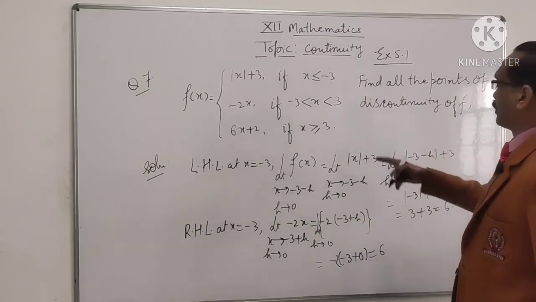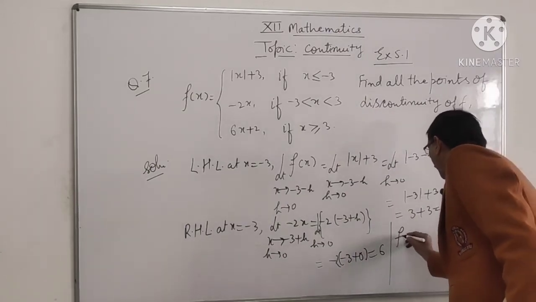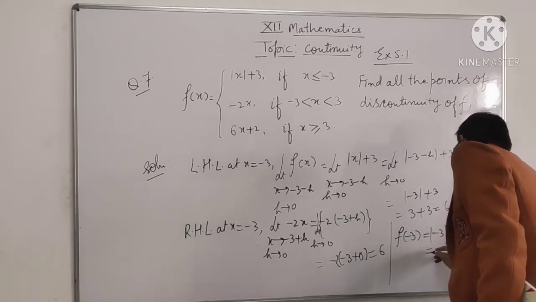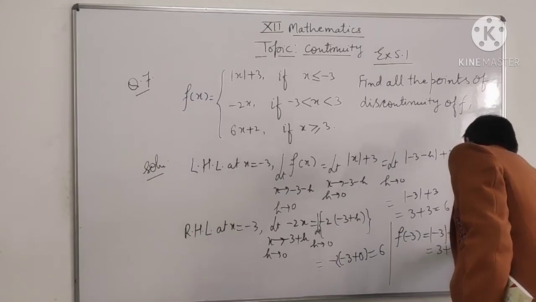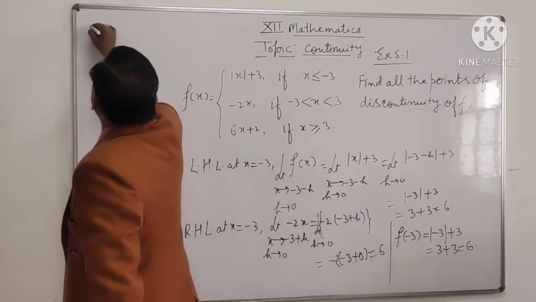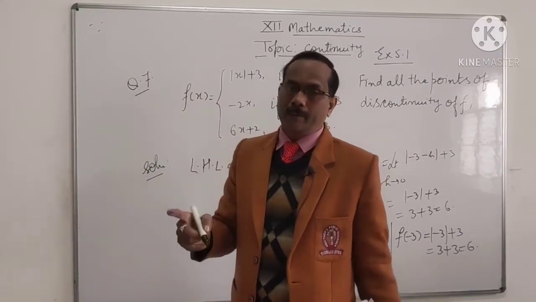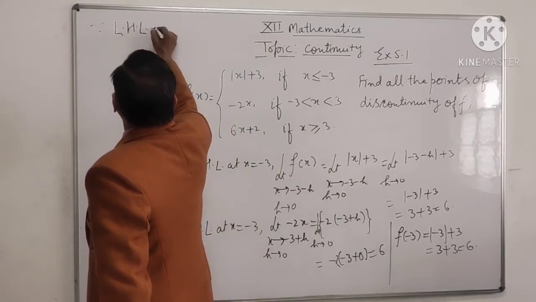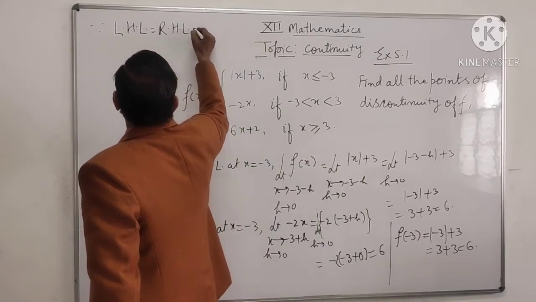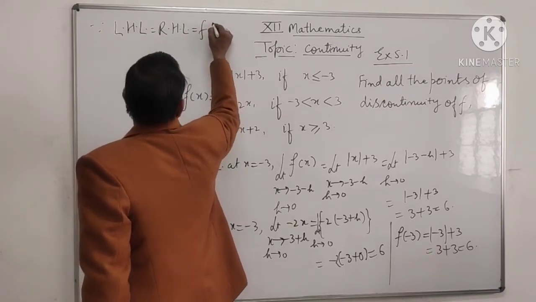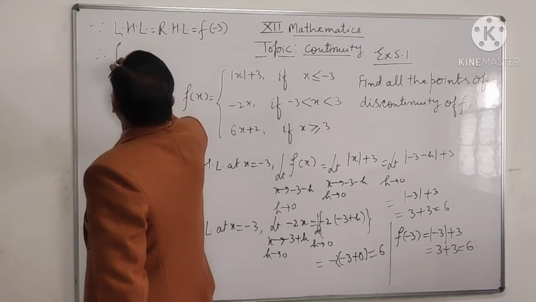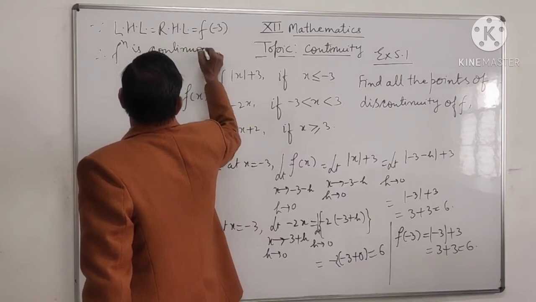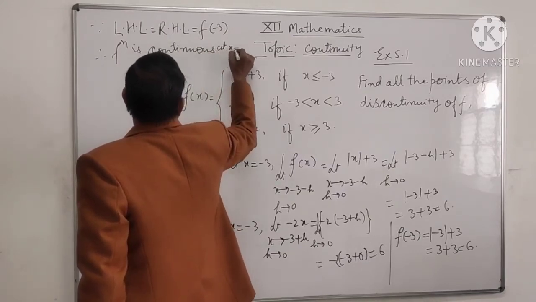And let's find the value of the function also. f(minus 3) is mod of minus 3 plus 3, 3 plus 3 is 6. Since the left hand limit, right hand limit and value of function are all equal, therefore the function is continuous at x equal to minus 3.